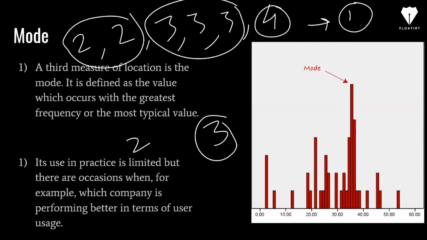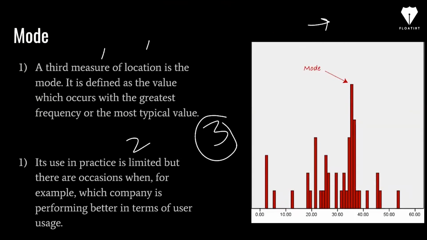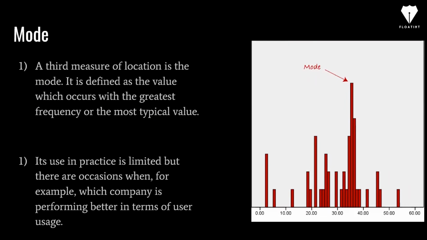I'll take another example. So on the right side of this slide, you can see a histogram of a data set, wherein one bar is very high. So the frequency of the occurrence of this particular number is very high.